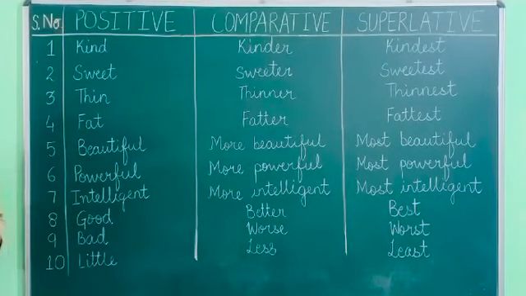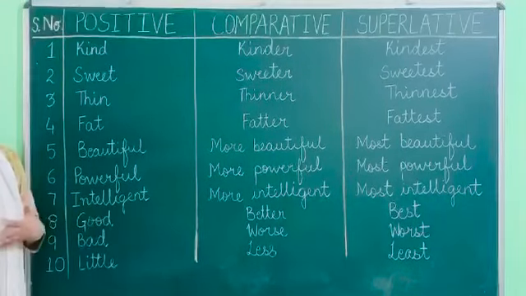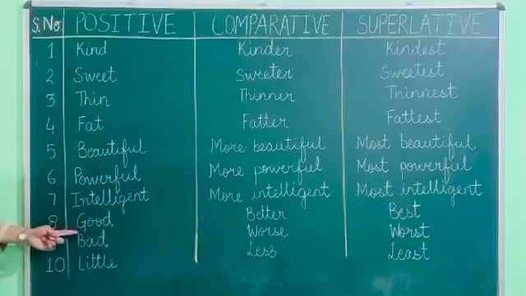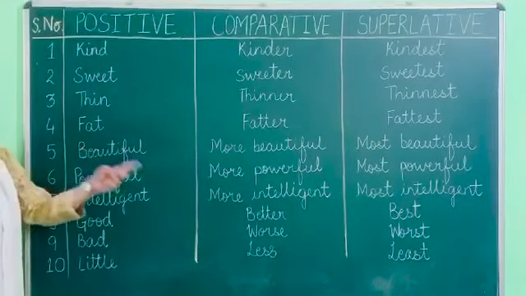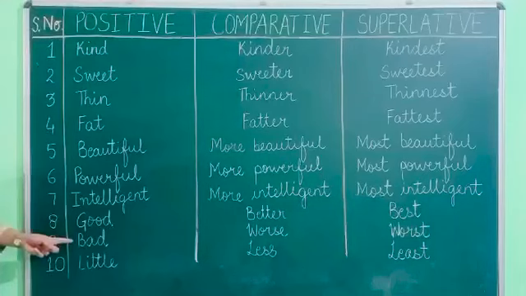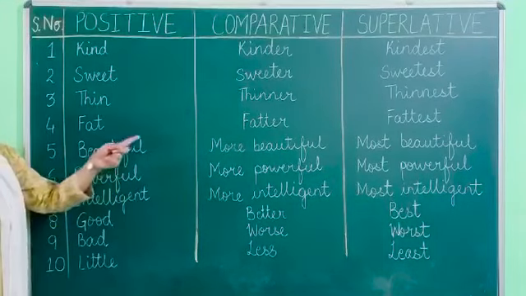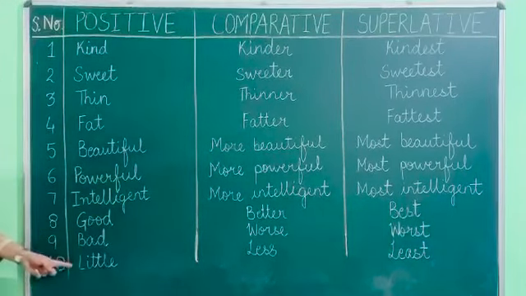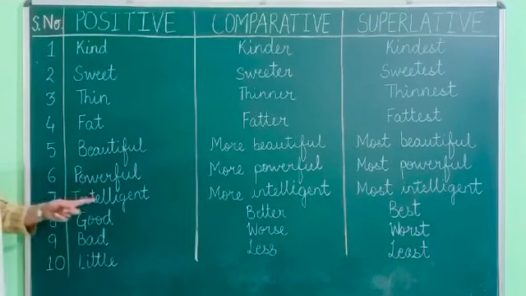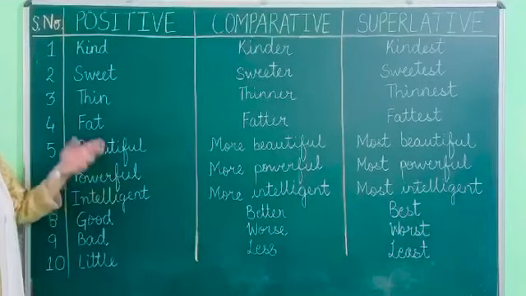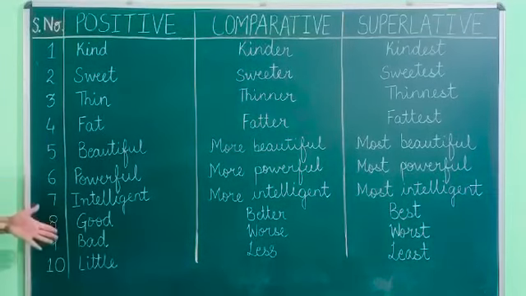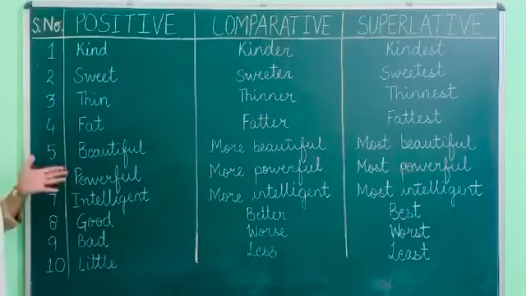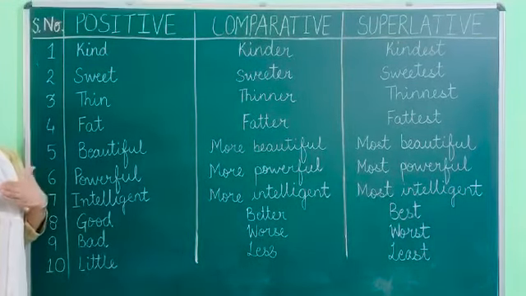And I have told you that there are going to be a few exceptions also. So good, better, best. Then bad, worse, worst. Number 10, little, less, least. So these are the 10 words which I have written down for you, and I want you to learn them and realize where the rules are changing.